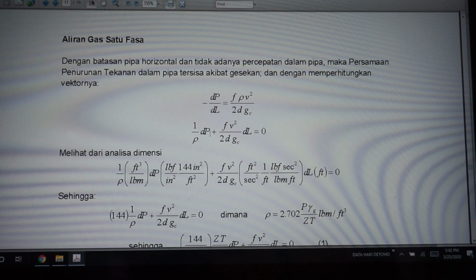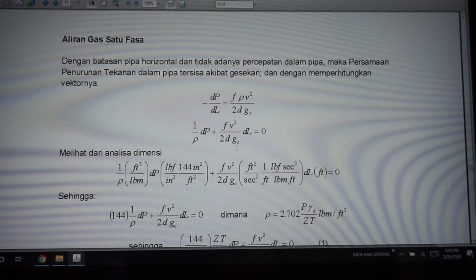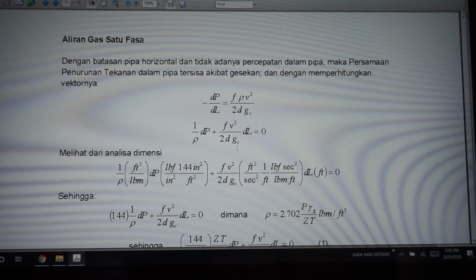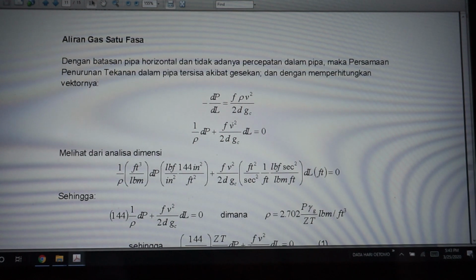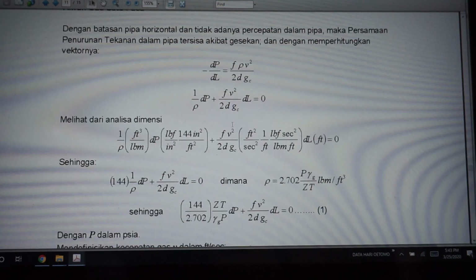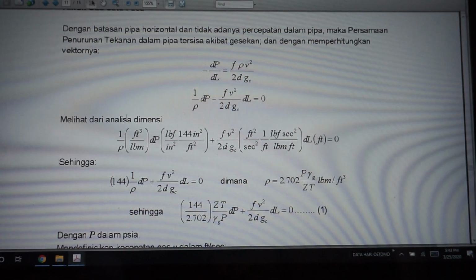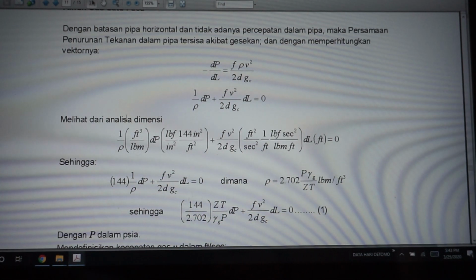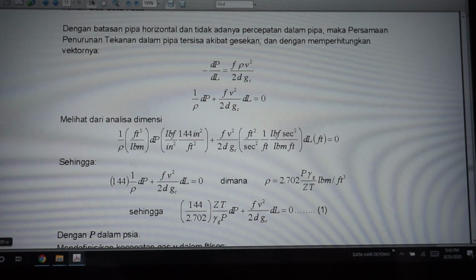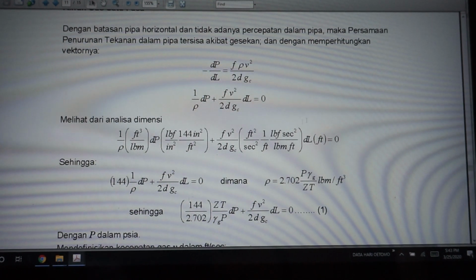So the density depends on the pressure. Okay, velocity is not that much, so especially 2D, and we put the gc on it for the gravity constant, and then a dL on here, and then we use dimensional analysis. We have this long equation.